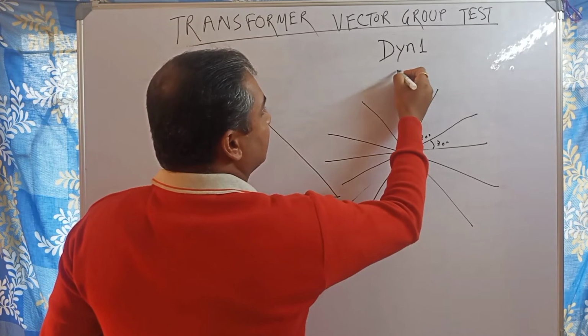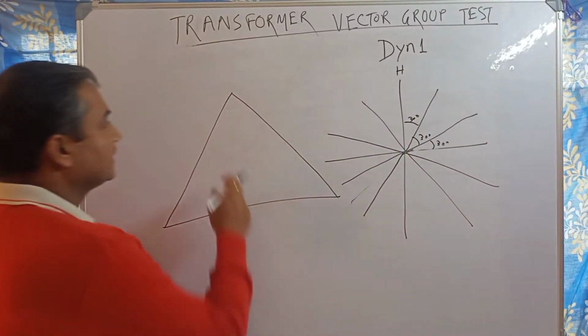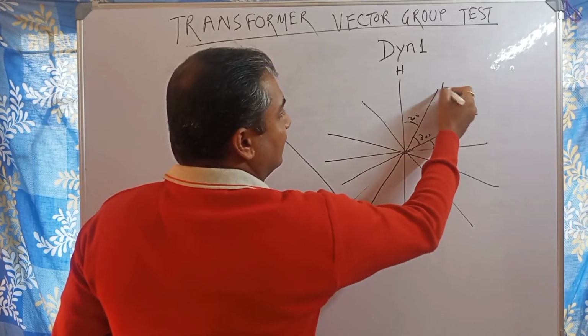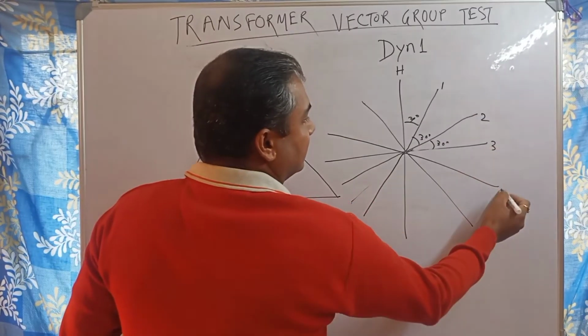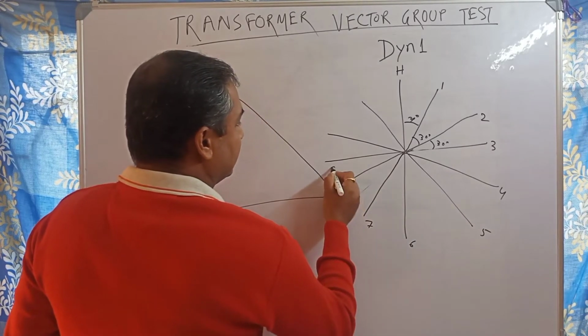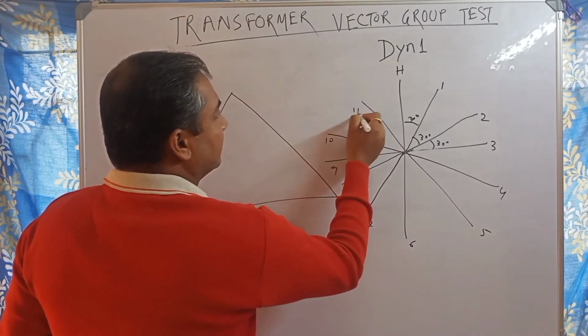Now it is HT, the primary winding HT. Now 1, 2, 3, 4, 5, 6, 7, 8, 9, 10, 11.